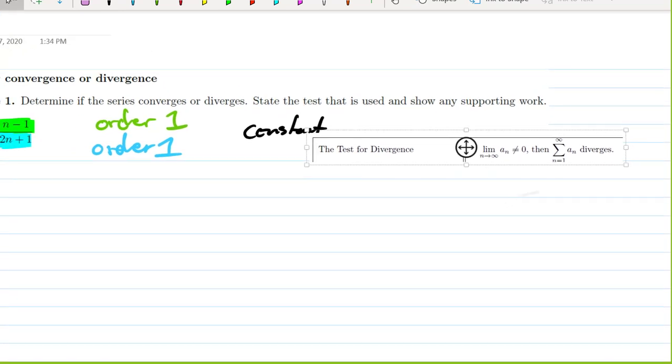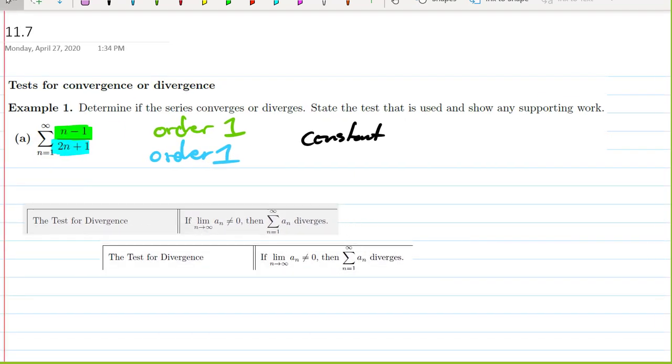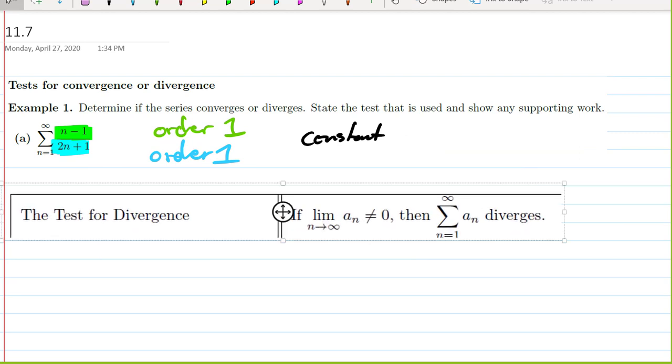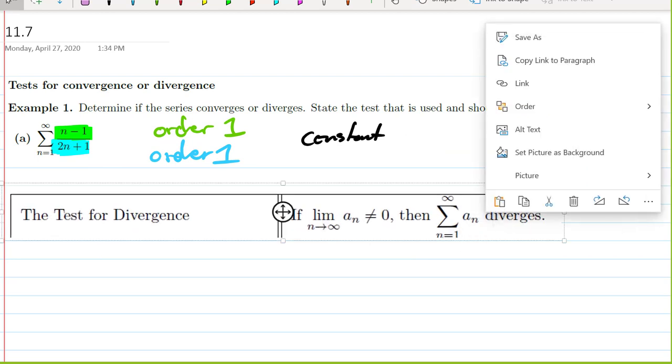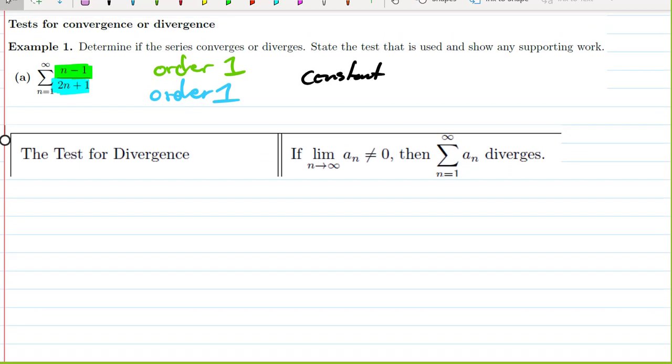And it says to use the test for divergence that we take the limit as n goes to infinity of the a sub n's, and if it's not equal to 0, then the series diverges. So in this case, our a sub n's are going to be n minus 1 over 2n plus 1.